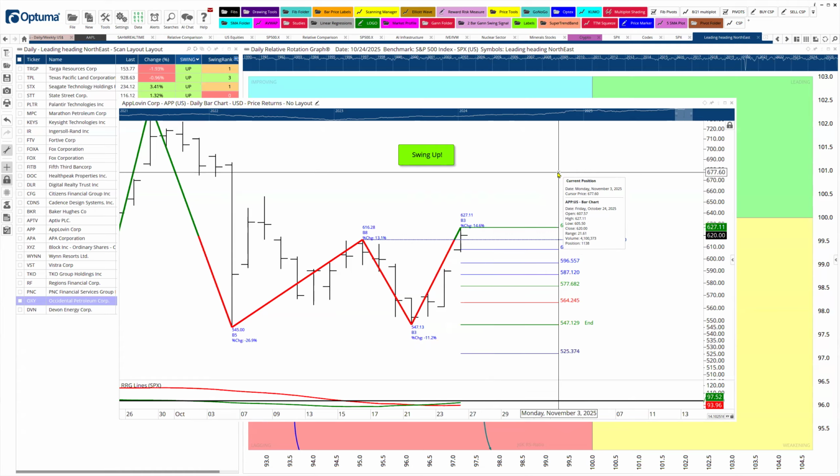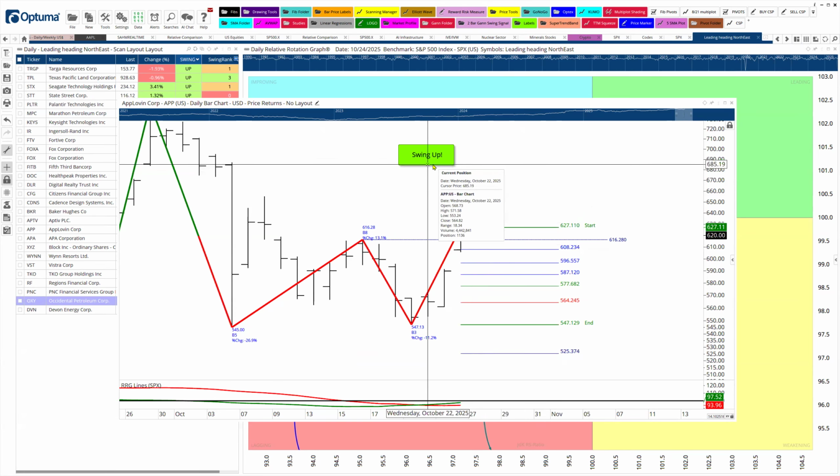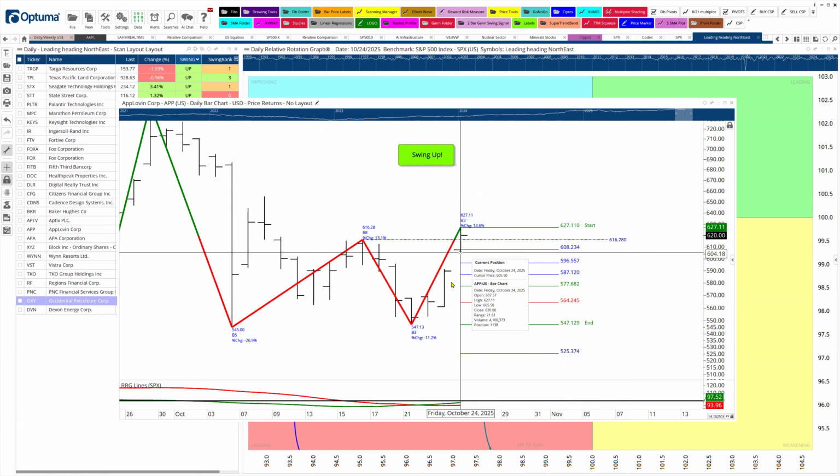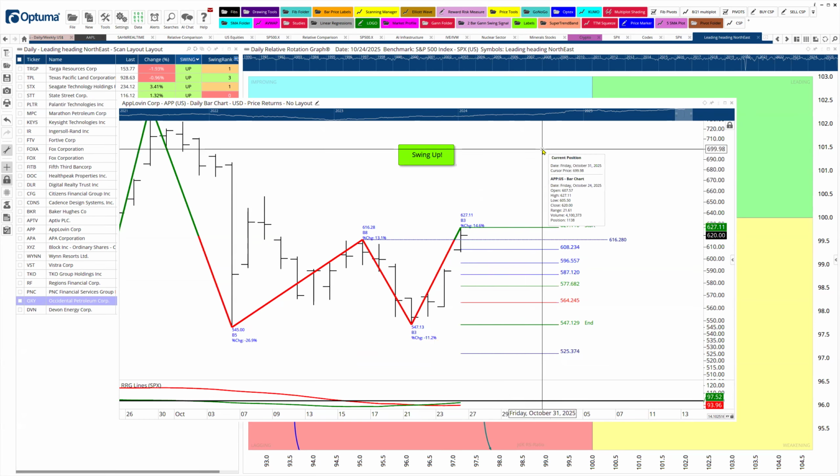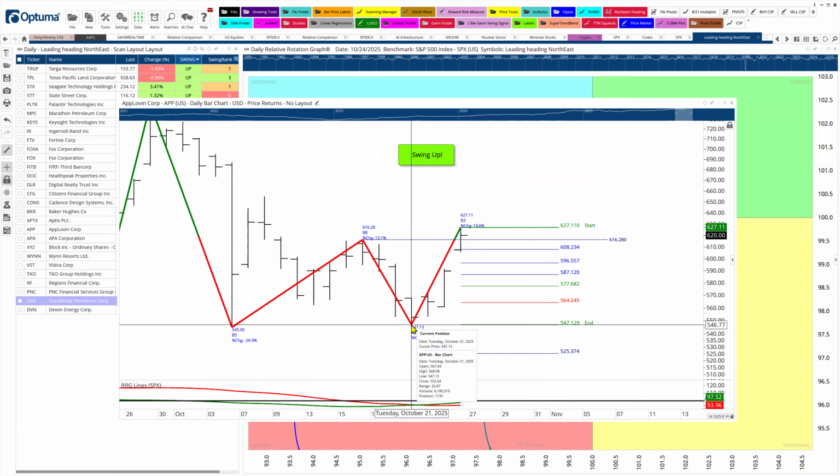That's how I trade. Confirm that direction, confirm the rotation, confirm the buy signal. So now the direction is up, only going to look up against this low.